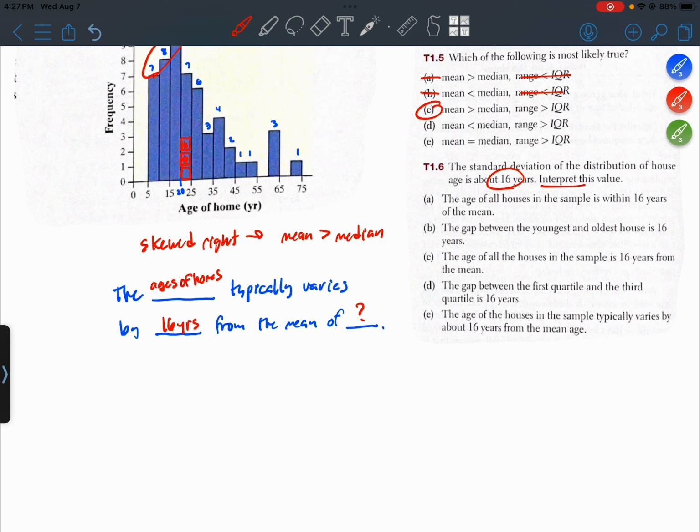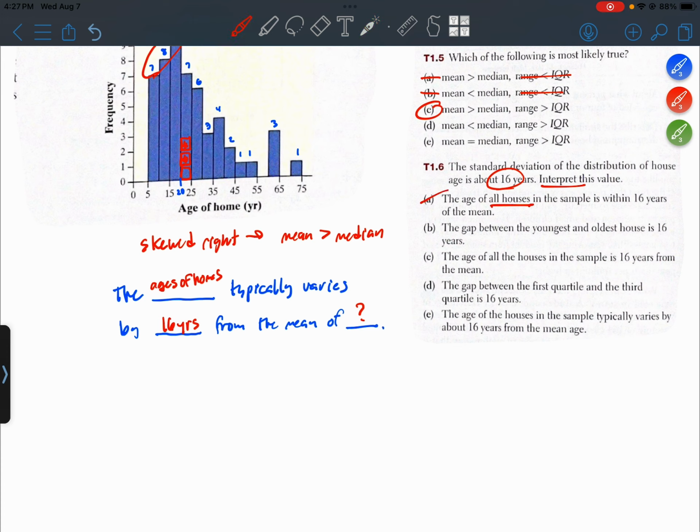A, the age of all houses in this sample is within 16 years of the mean. This is saying all houses, but we're talking about a typical home. We're not saying every home is 16 years from the mean, just that the typical homes are 16 years from the mean.